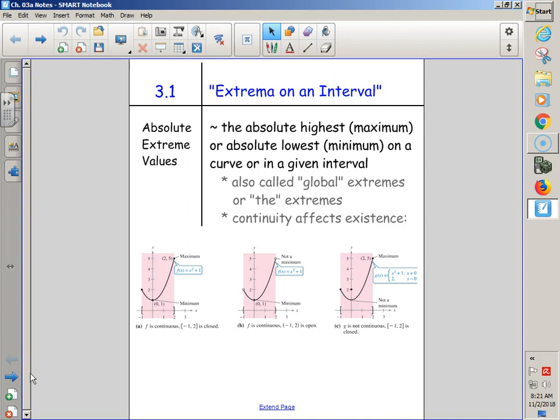It's coming right about now because, as you can tell on this page, extrema on an interval and absolute extrema are some of the vocabulary that was in those descriptions that we were reading. So I tabled it just because I wanted to get you through all the derivative rules, then we'll come back to that card matching assignment.